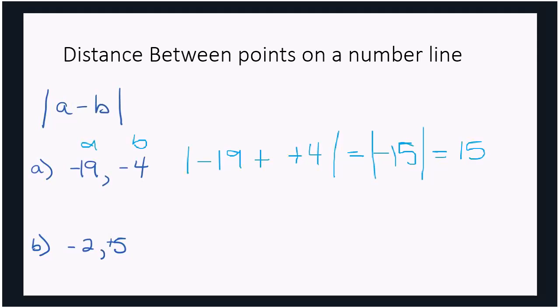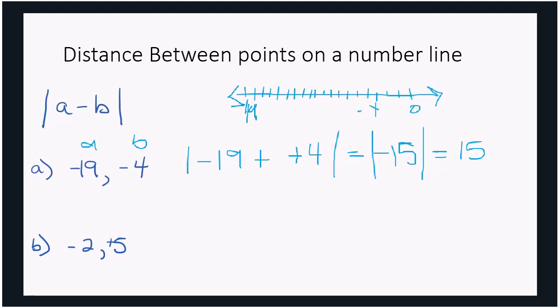So the distance, if I wanted to check it out, would be from 0, 1, 2, 3, 4, my -4 to -19, 6, 7, 8, 9, 10, 11, 12, 13, 14, 15, 16, 19, -19, like that.